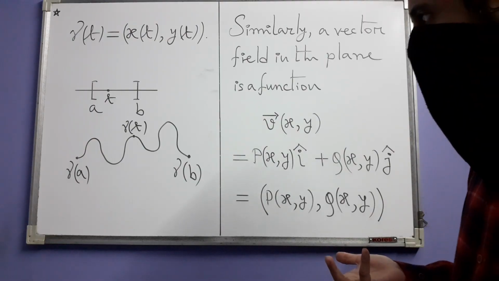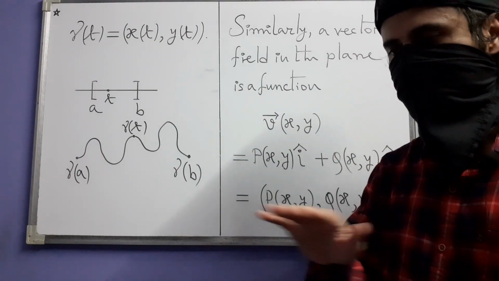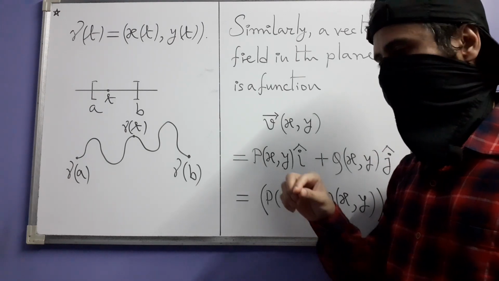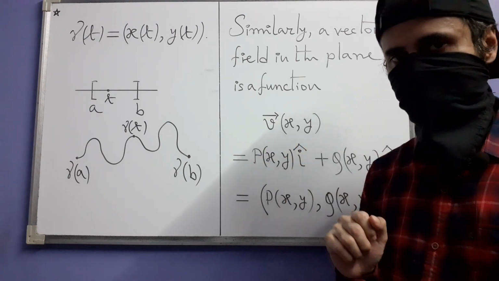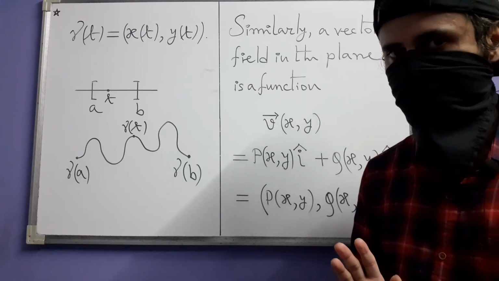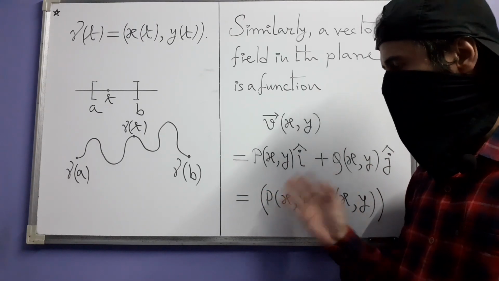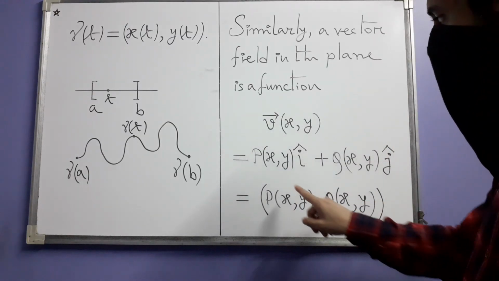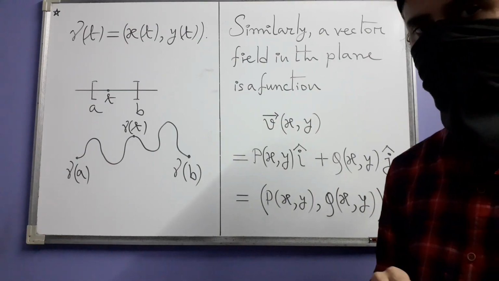For example, you have some kind of force field in the plane, so that at every location in the plane a force is felt by something. So those are this type of functions, and their continuity depends on continuity of the components.